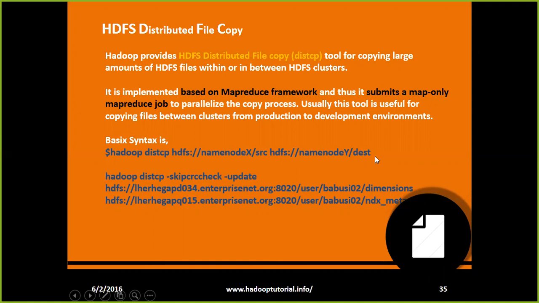In the source directory, you should give the full URI, the full path of that directory, including the name node host name and the port number on which your name node services or Hadoop services are running.